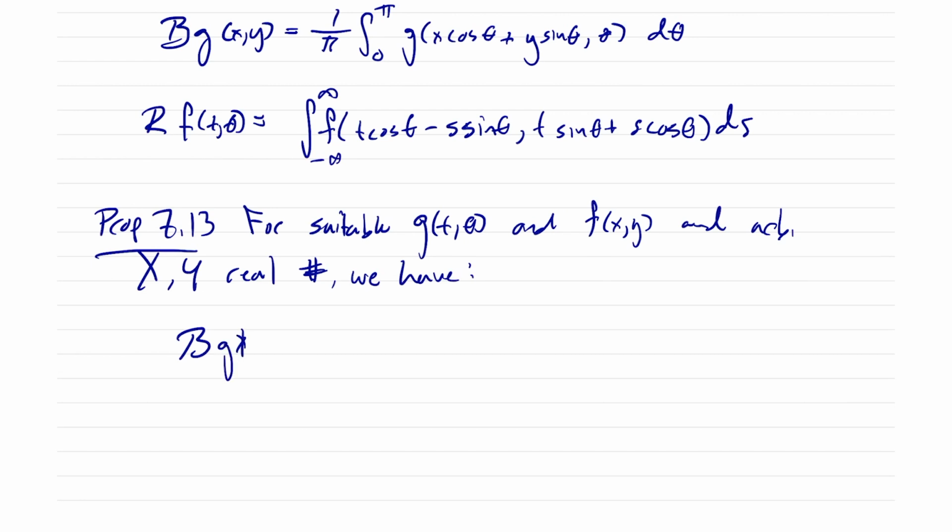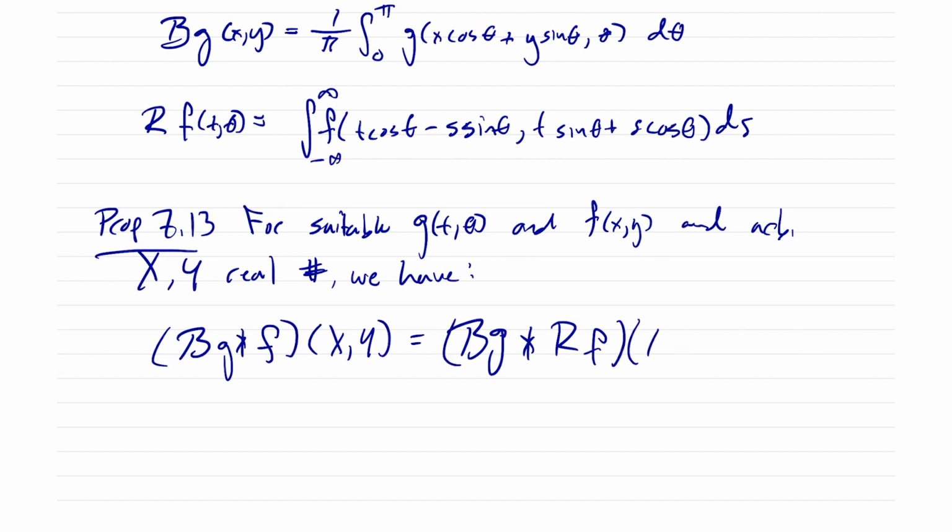The back projection acting on g starred with f, evaluated at X, Y, is equal to the back projection of g starred with the Radon transform of f, evaluated at X, Y.